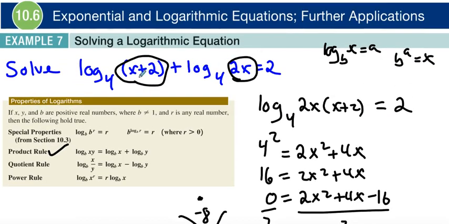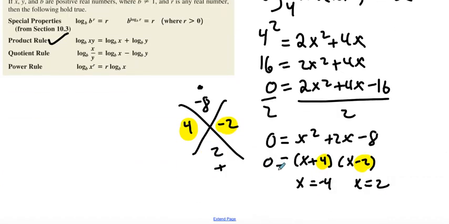If I plug in -4 right here, log base 4 of -4 plus 2, this becomes -2. You can't take the logarithm of -2. It's not possible. You're going to get an error. We know that because even when you look at the graph, it never yields a negative value. So that's how we know that -4 cannot be a solution, just by doing that check. You cannot take the logarithm of a negative number.